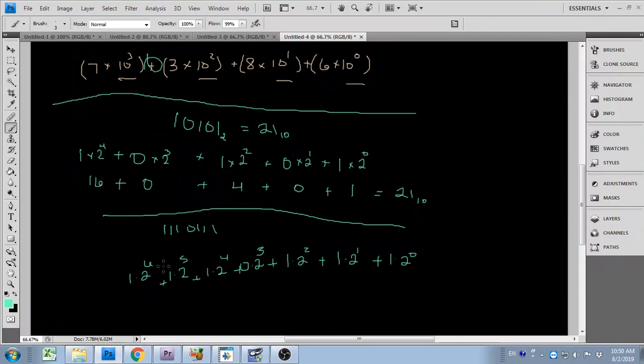So notice the pattern: 2 to the 0, 2 to the 1, 2 to the 2, 2 to the 3, 4, 5, 6. Okay? Now, here are some numbers you may want to memorize.